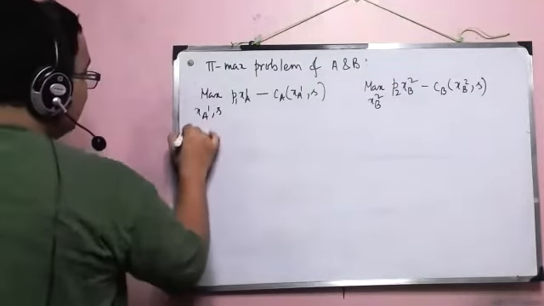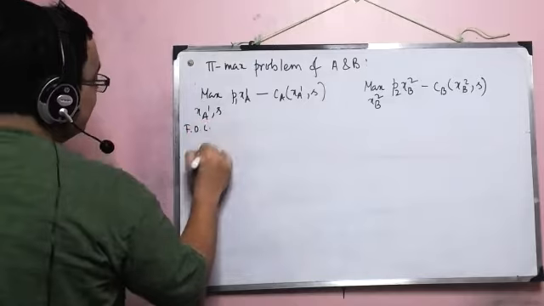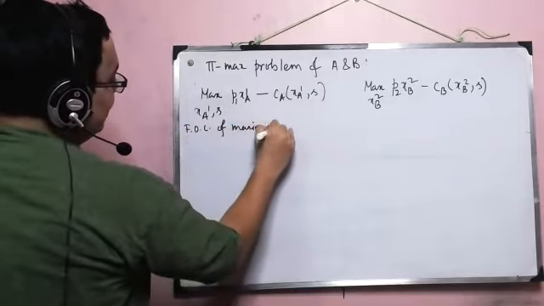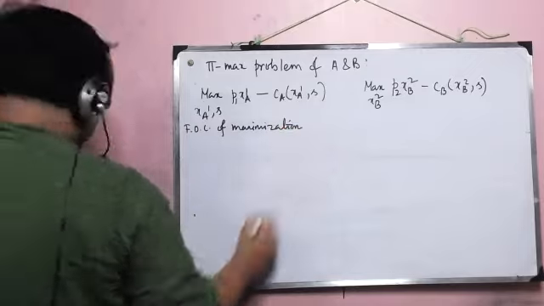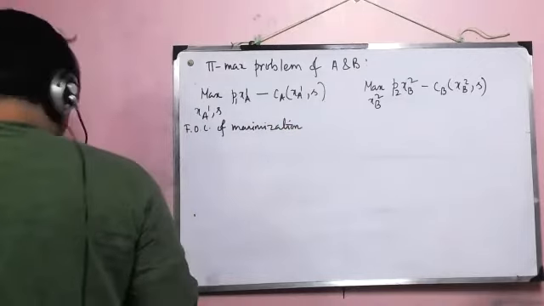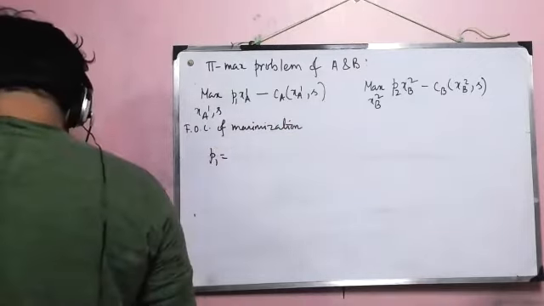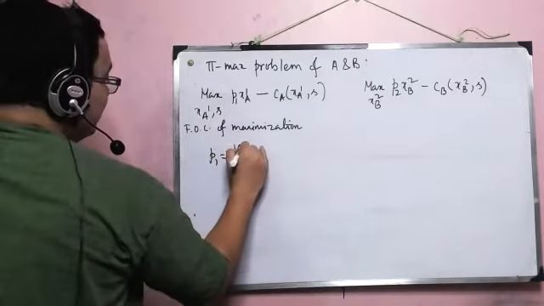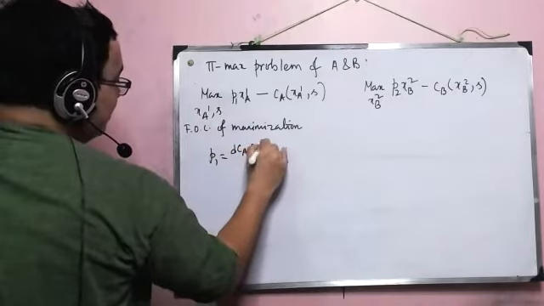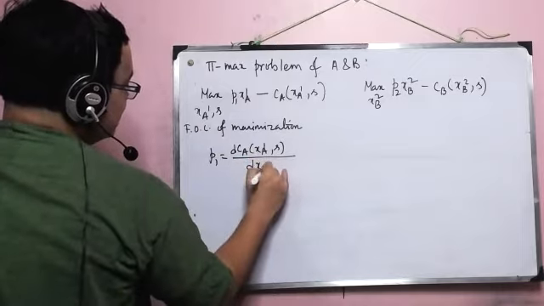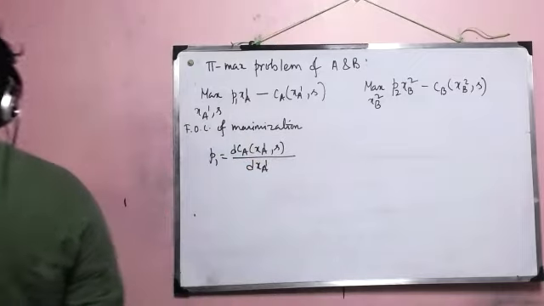All right. So the FOCs of maximization. What are they? For A, obviously there is P1 equal to MC, which is dCA/dXA1. So that is the first one.